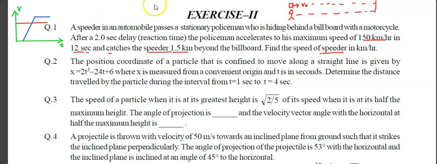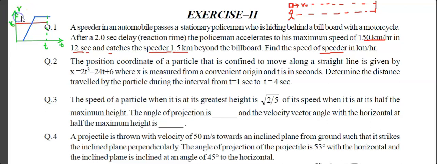And let's say they are being caught at this location. So this is the time where the two meet. That's what we are starting with. Let's say this time is t. Of course, this is the velocity of the speeder, let's say that is v0. So this velocity v0 we need to find out.